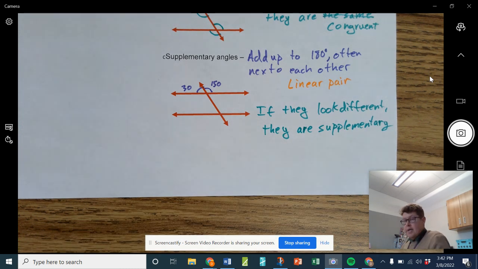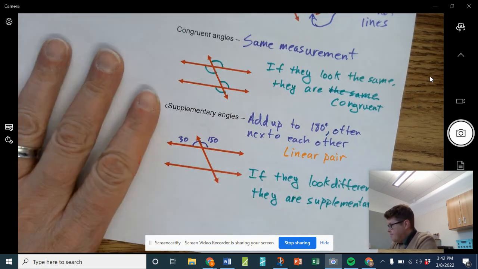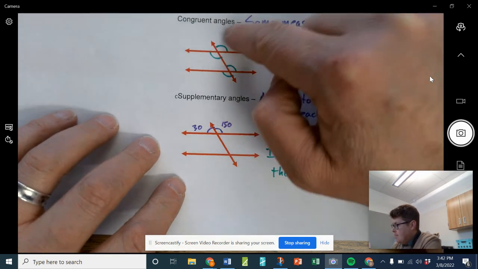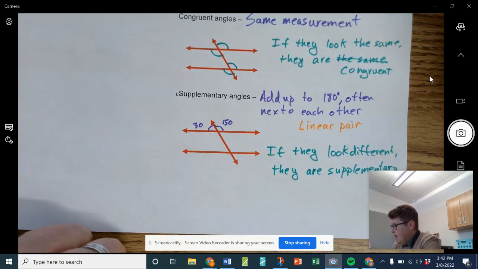So that's the measurement relationship right there. When they look the same, they are congruent. When they look different, they're supplementary.